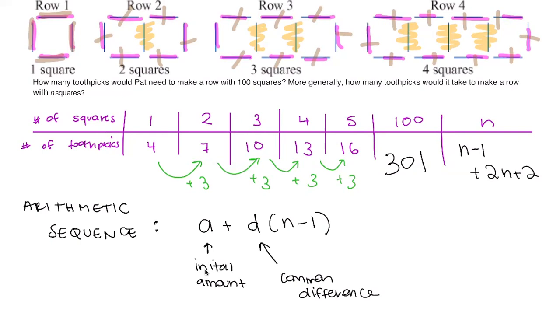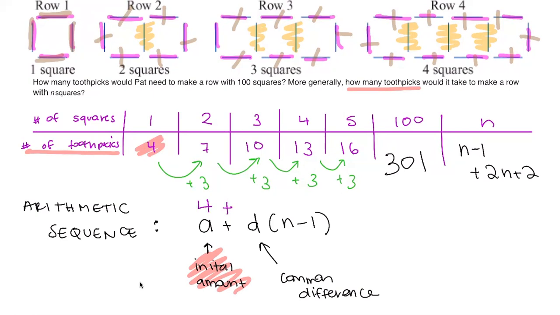So the initial amount that we started with was, or we started with, what are we talking about here? Do we care about the number of squares or the number of toothpicks? We're trying to figure out how many toothpicks. So the initial amount would come from the toothpick column of 4. Okay, so I should put a 4 plus common difference.